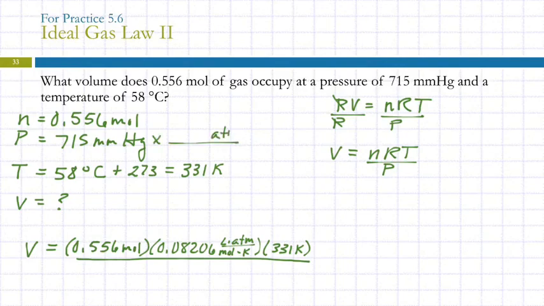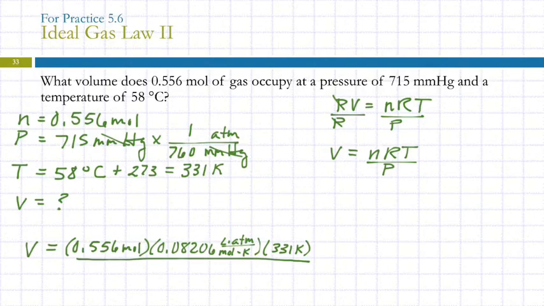So we want atmospheres, so we're going to divide by millimeters of mercury, so the units work out. And this is one that will save you a lot of time if you memorize: 1 atmosphere is 760 millimeters of mercury. And that is an exact conversion. So that's not going to affect the number of significant figures.